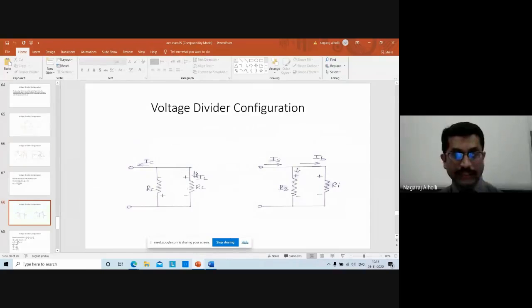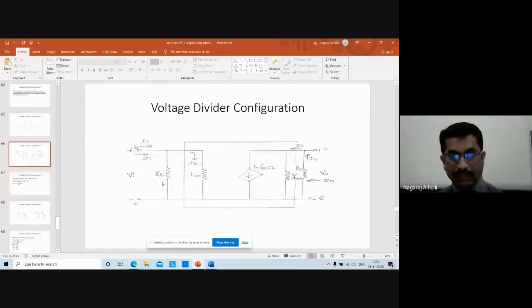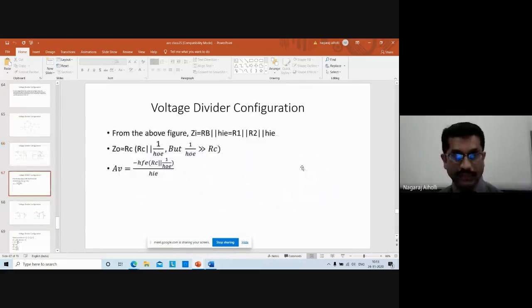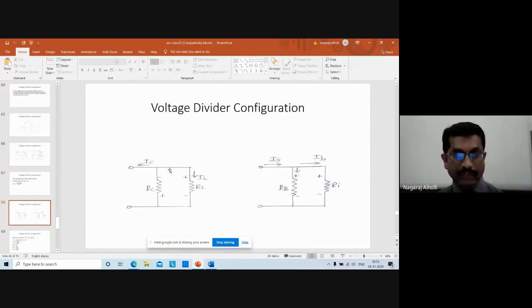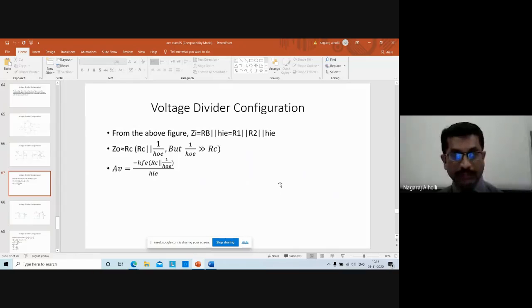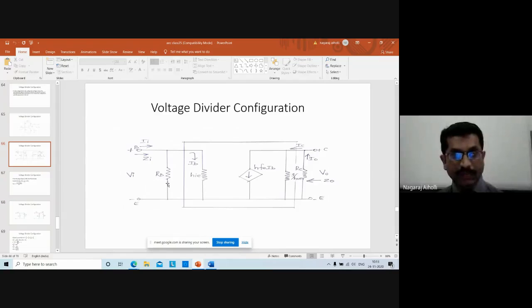The current flowing through the load resistance is IL, the load current. From the collector resistance RC, the current flowing is IC, the collector current. Then next is the input section. In the input section we have RB parallel with HIE.